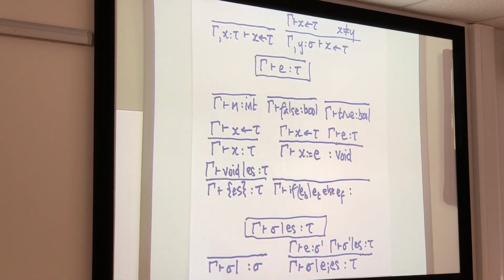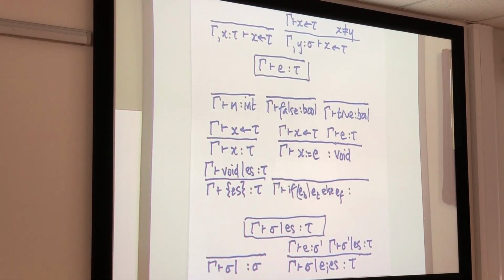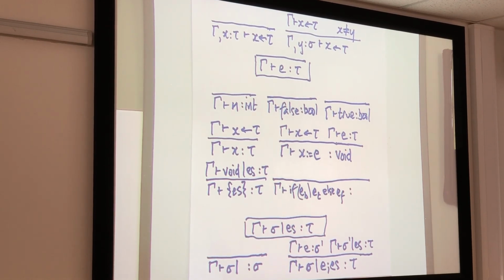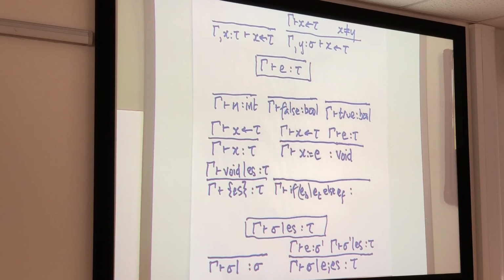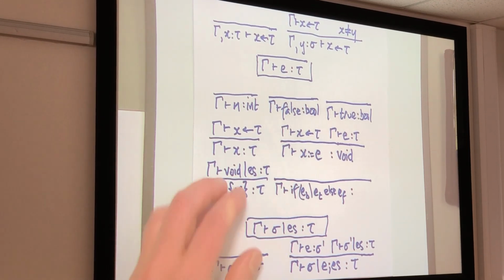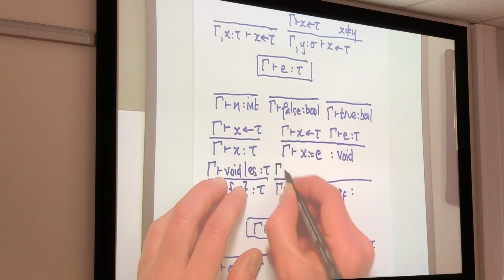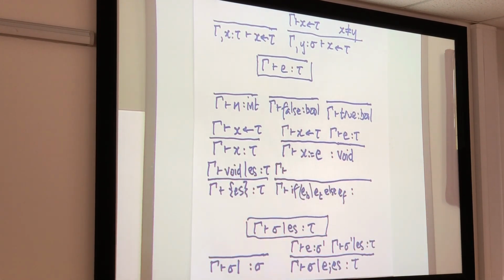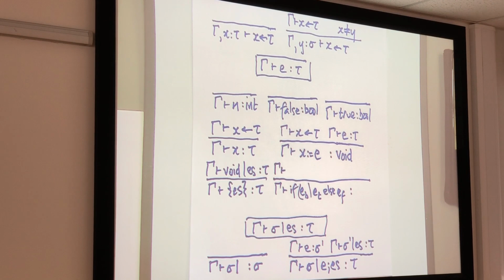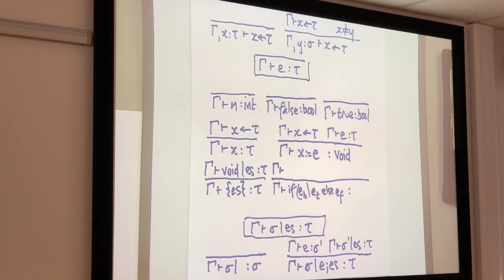Okay, we're checking an if-else. What do we need to be sure of? What about the condition? How do we check the condition? What would we like the condition to be? Would we like the condition to be 7? We would like it to be a Boolean.